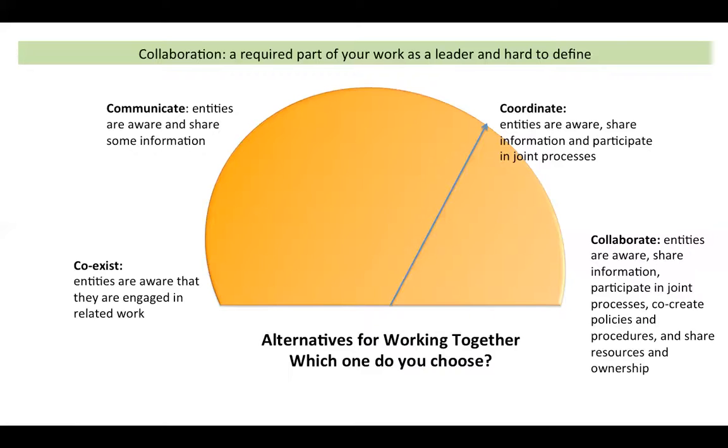In Tennessee, for example, work around adverse childhood experiences is being done and having amazing results, at least to the degree that we're all getting on the same page and doing things like sharing information, sharing resources, and definitely all having accountability and ownership for different pieces of the pie.